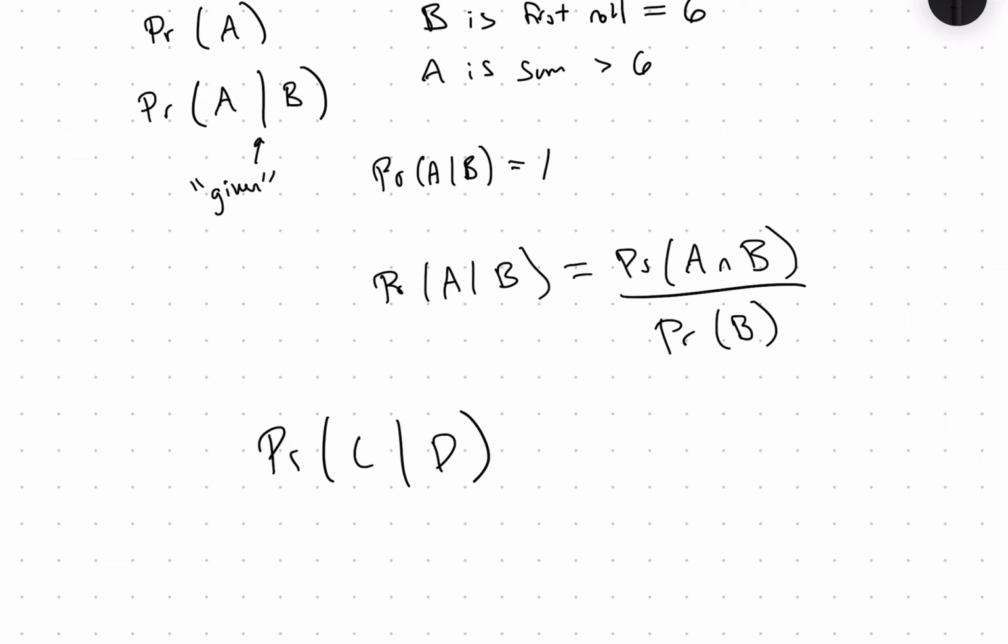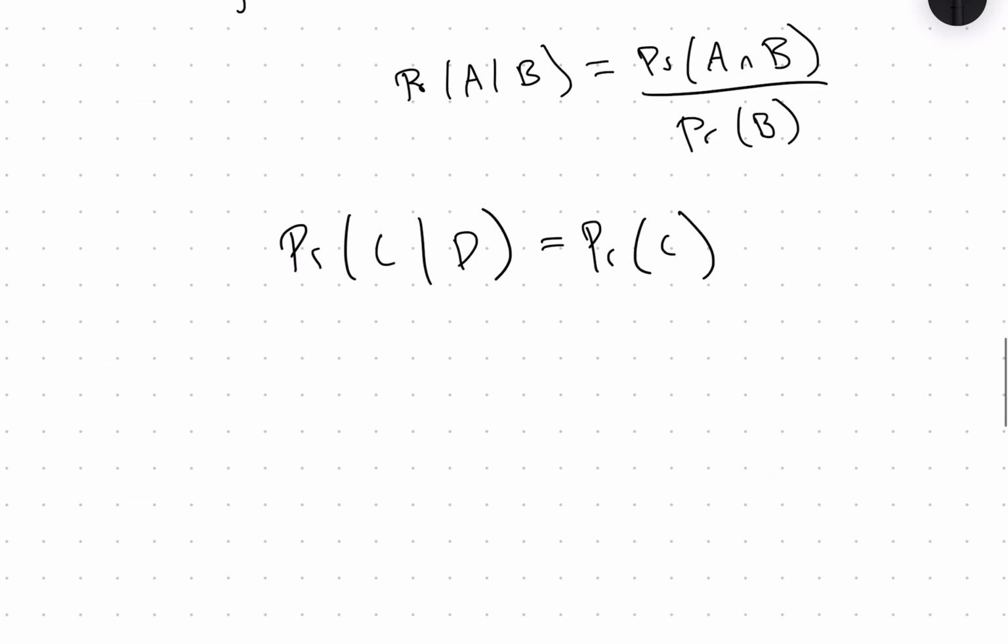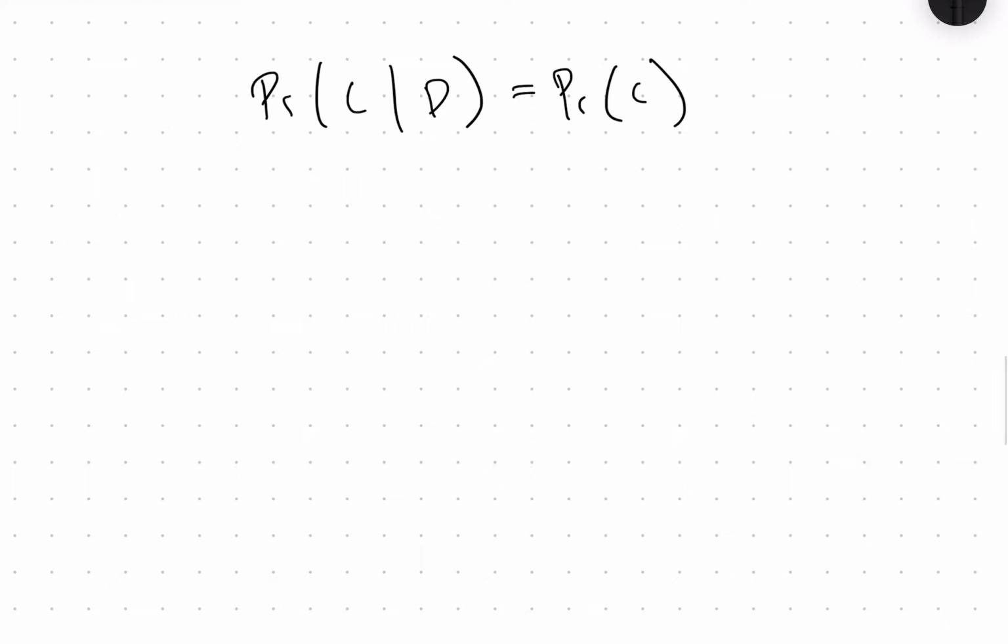Right? Those are completely unrelated. So why should D taking place update our understanding of C and the probability of C given D? Well, it doesn't have to. So the probability is still equal to the probability of C. My friend eating cereal did not change anything for us. And so this relationship is called independence.